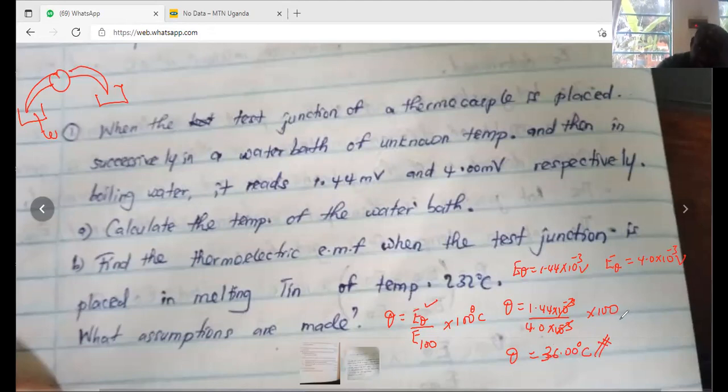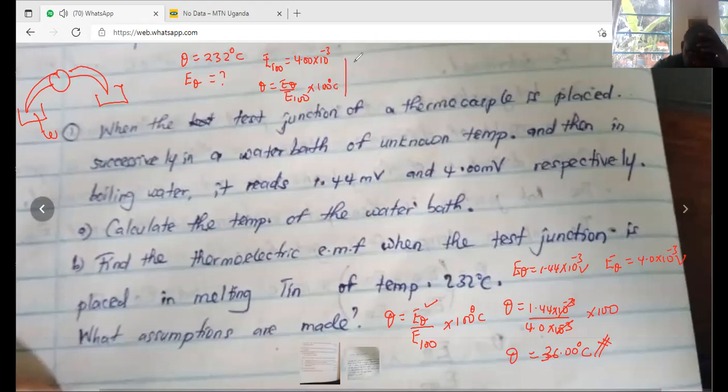Then the second case, they're asking you to find the thermometric EMF when the test junction is placed in melting tin at a temperature of 232 degrees Celsius. We want the EMF E theta, which we don't know. We are given E at steam, which is 4.00 times 10 power negative 3. So we shall have theta equal to E theta out of E 100 times 100 degrees Celsius.